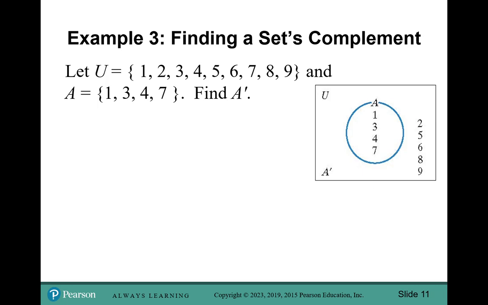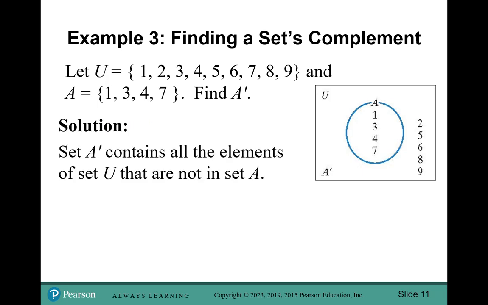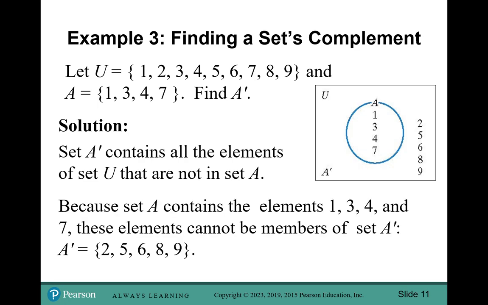So in order to find A complement, we're just looking for all the elements that are not in A. Therefore, A complement would be 2, 5, 6, 8, and 9.